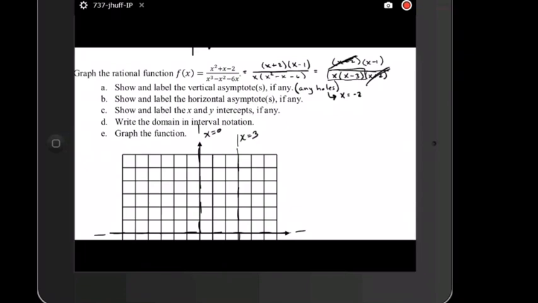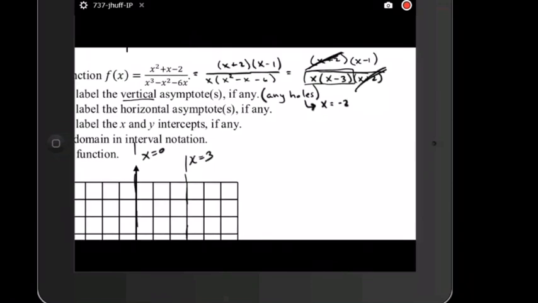Show and label the x and y intercepts, if any. So the vertical asymptote will be 1, right? Say that again. The vertical asymptote? Yeah, will be 1. So those vertical asymptotes come from the factors in the denominator. Oh, yeah. They are horizontal, I mean.